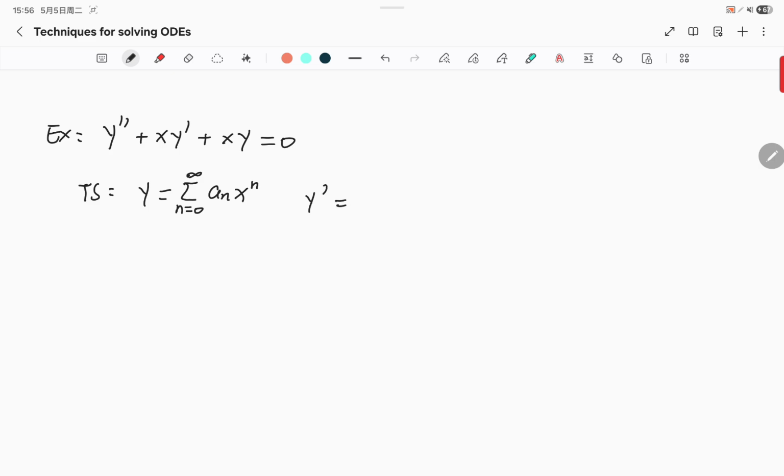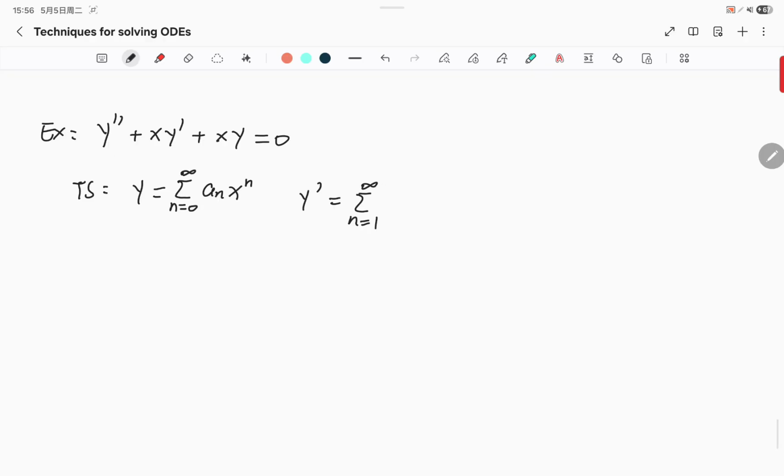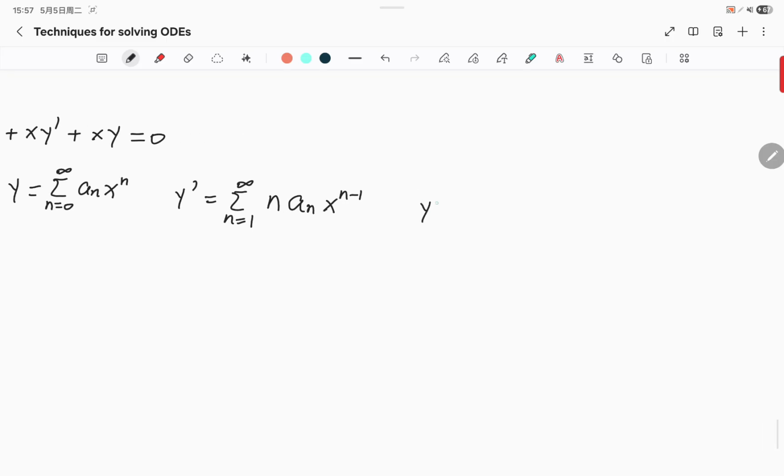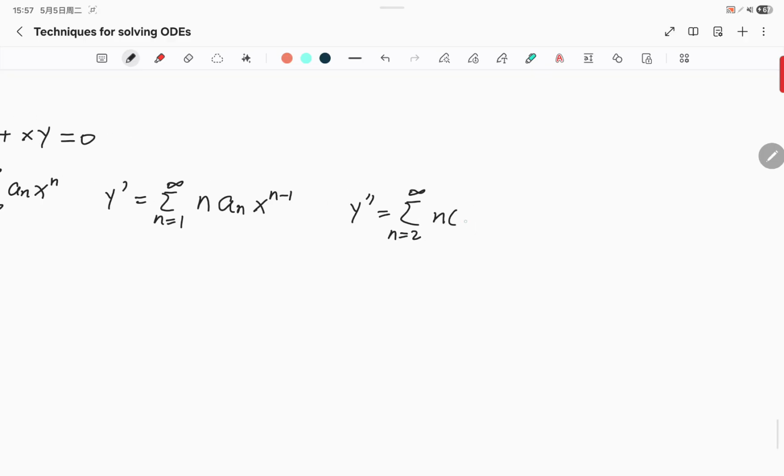Y prime is equal to, since n was 0 here, for the first derivative n starts from 1 all the way to infinity, times n, we just bring down here, do a power rule, n x^(n-1). Similarly, y double prime is equal to the sum of n from 2 to infinity, n(n-1) x^(n-2).